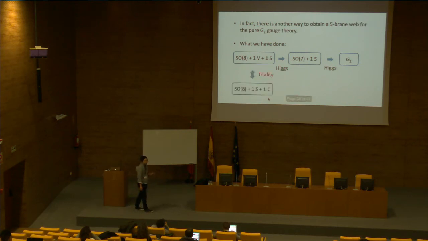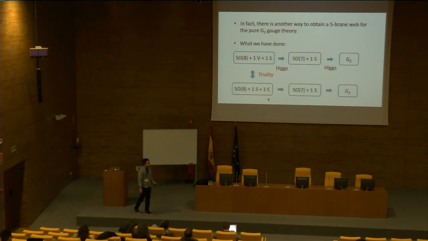In fact, SO(8) gauge theory has a triality which exchanges a vector matter, a spinor matter and a conjugate spinor. So SO(8) with one vector and one spinor is in fact equivalent to the SO(8) gauge theory with one spinor and one conjugate spinor. Since these two SO(8) gauge theories are equivalent, if we perform the same Higgsing, we should get pure G2 gauge theory.